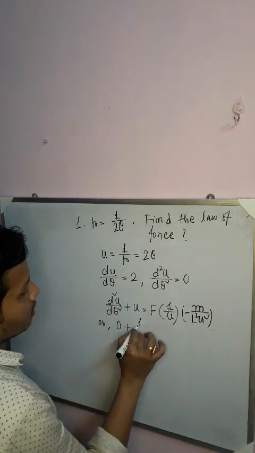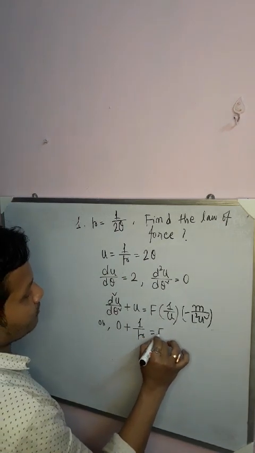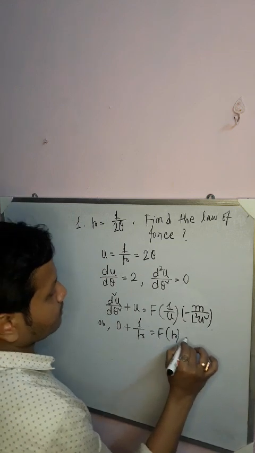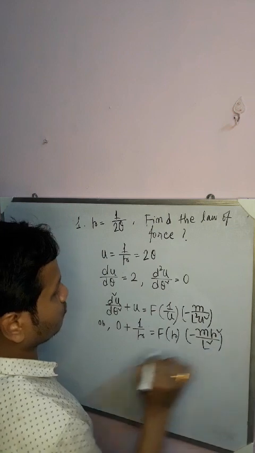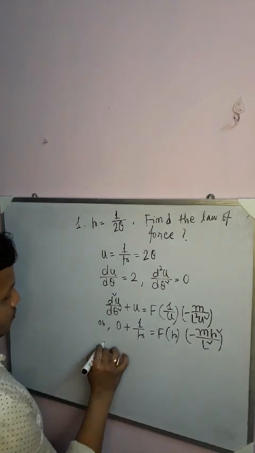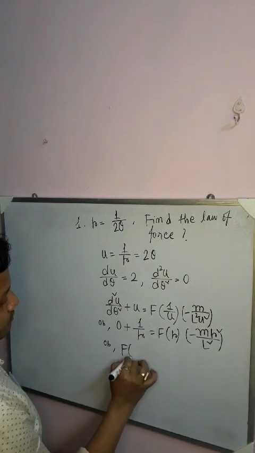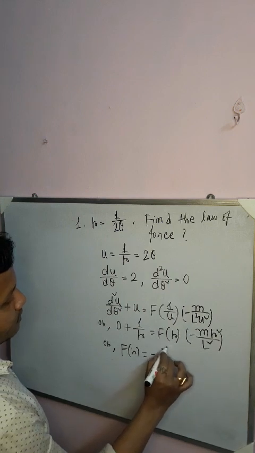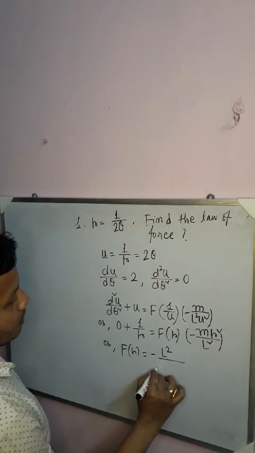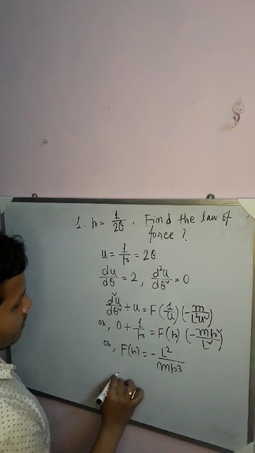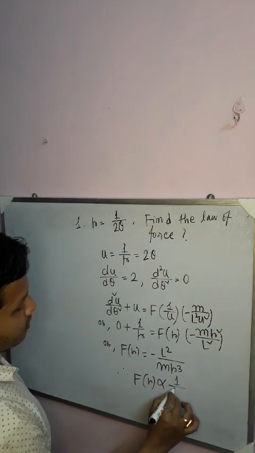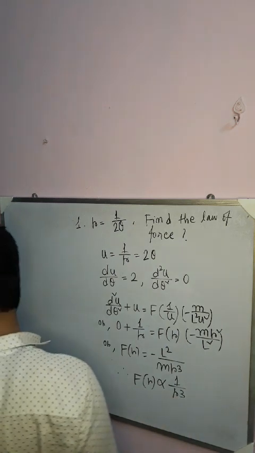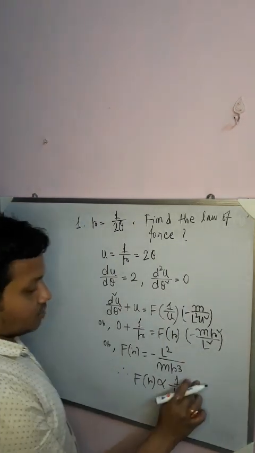My u will be 1 upon r, and this is simply f of r, and this is simply minus m into r square by L square. Okay, so what will be my f of r? My f of r will be minus L square by m r cube. That means you can write f of r is proportional to 1 upon r cube. So this is our result.